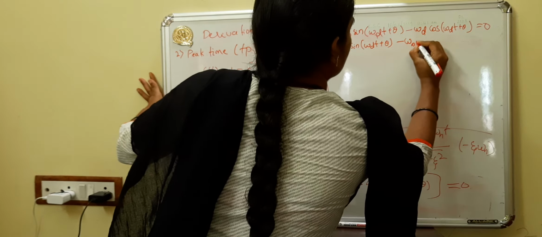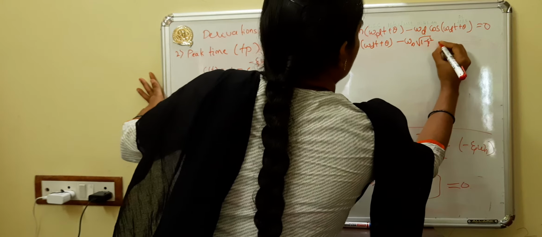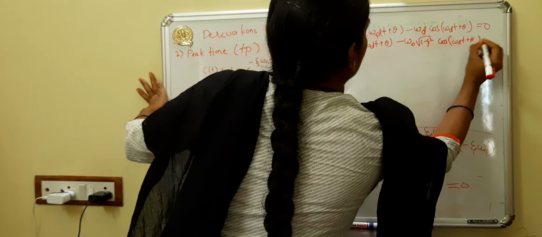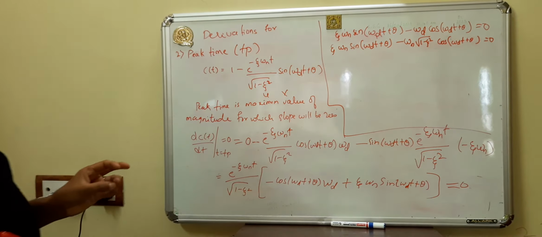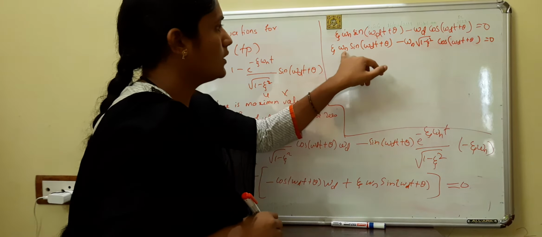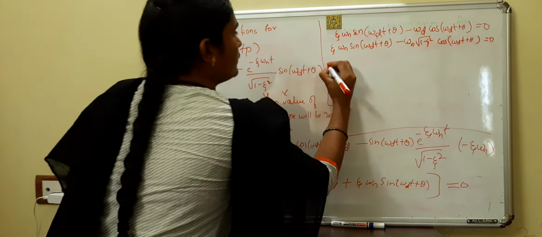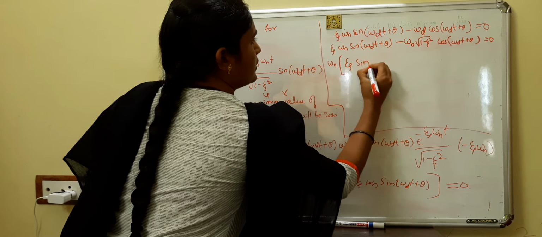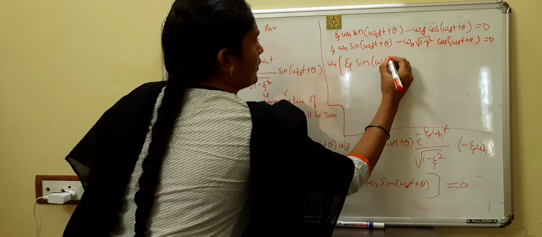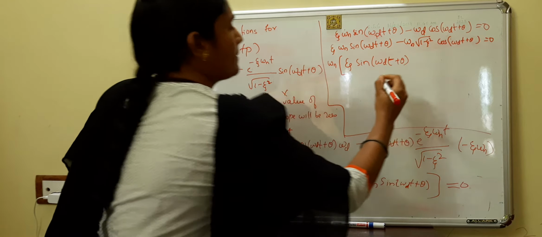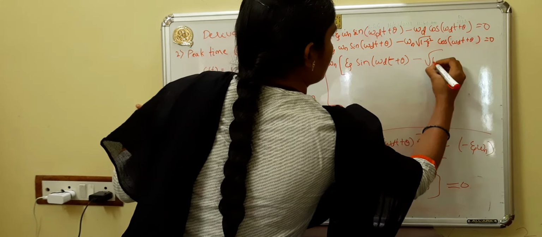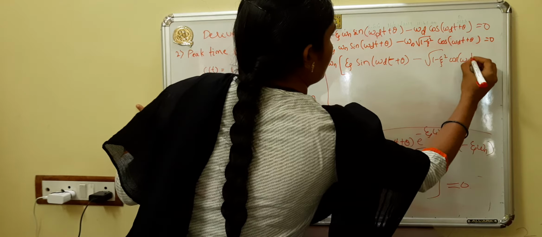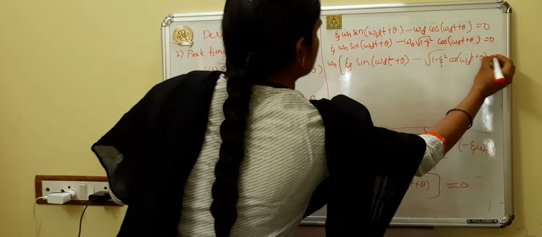Omega n is common, so we take omega n common. So zeta sin of omega d t plus theta minus square root of 1 minus zeta square cos of omega d t plus theta is equal to 0.